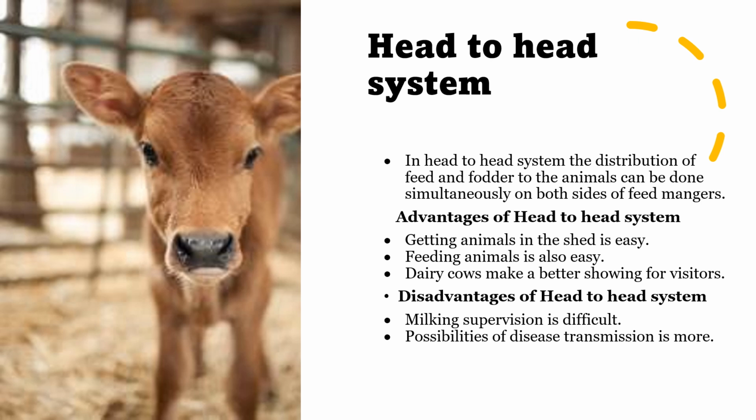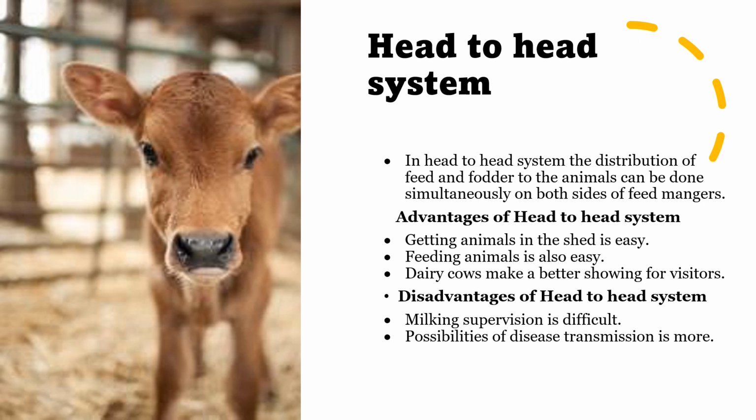In the case of the tail to tail system, we can't distribute the feed and fodder to the animals at the same time. As we have to provide the animals feed and fodder separately, it requires more labor.